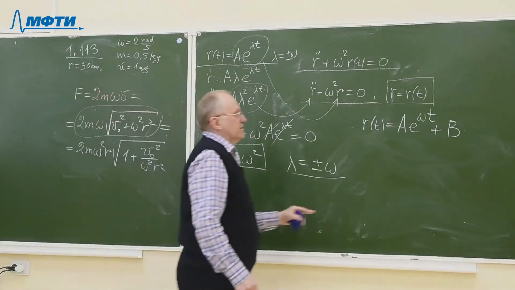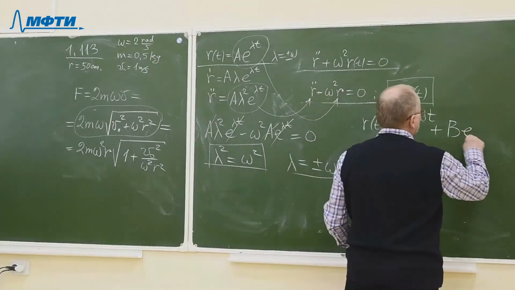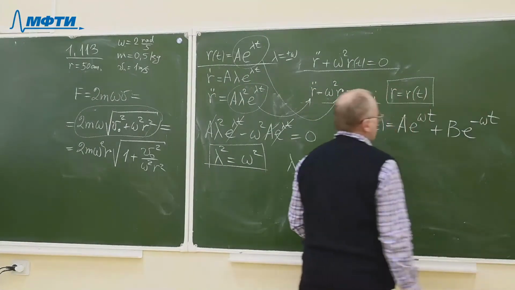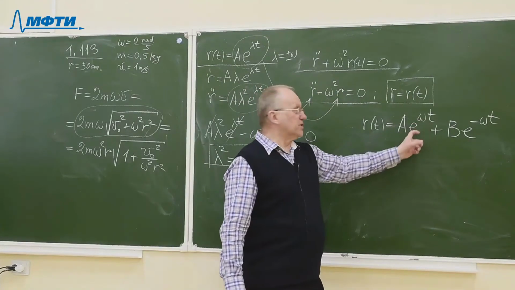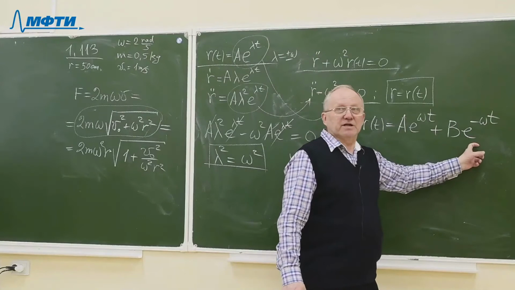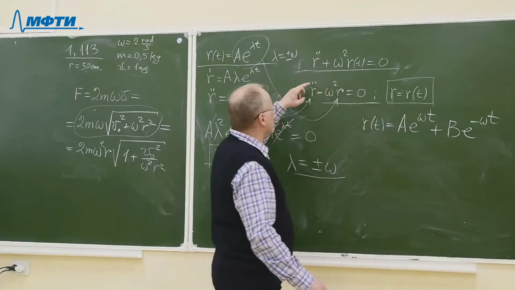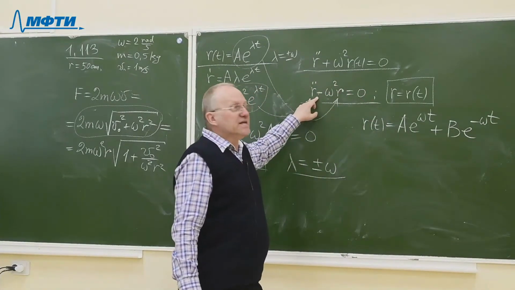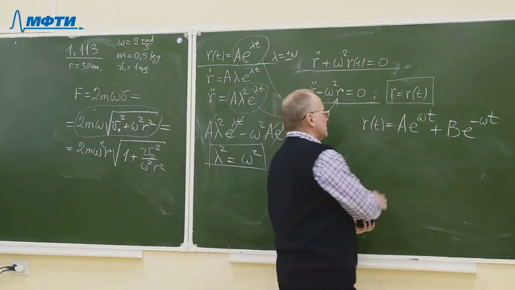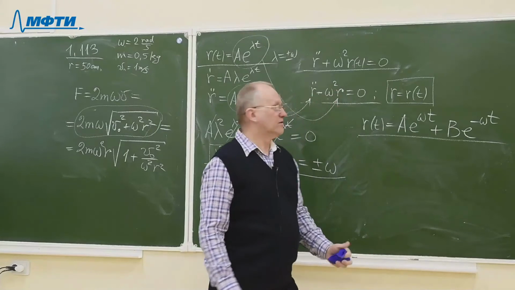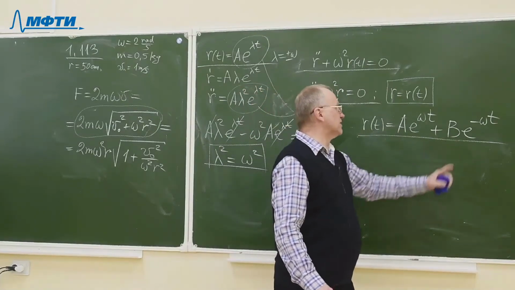So I can take another coefficient, b, exponent of minus omega t. So both exponent of plus omega t and exponent of minus omega t are solutions. And therefore, as the differential equation is linear, the sum of solutions will also be a solution. So this will be a solution in the general case with arbitrary coefficients a and b.